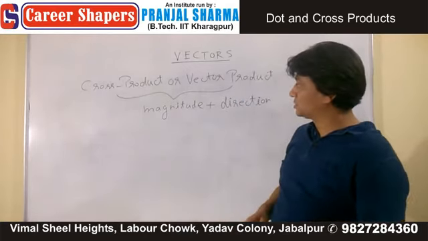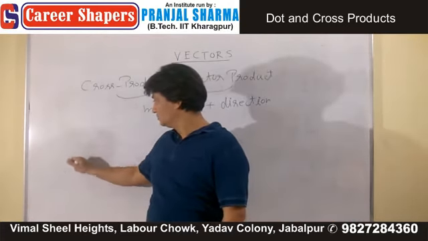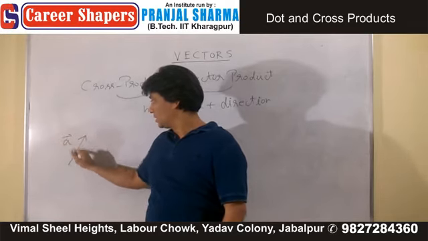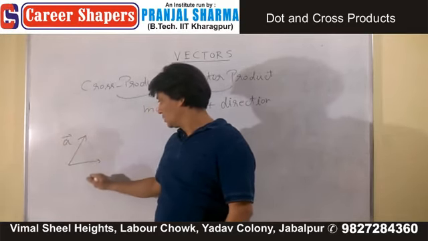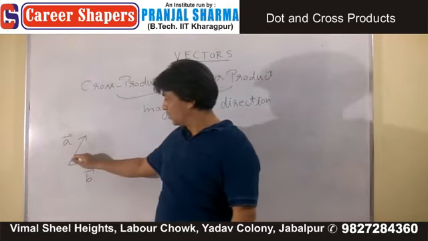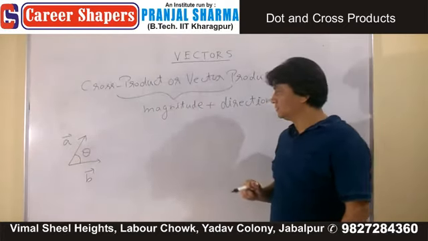Now what is cross? Again, we have two vectors A and B. Plot the vectors, join them together with their tails, show this angle theta.